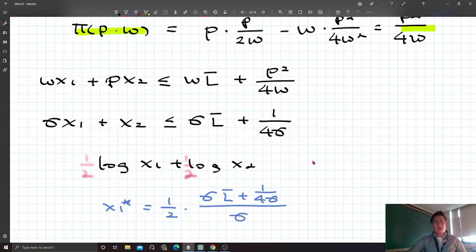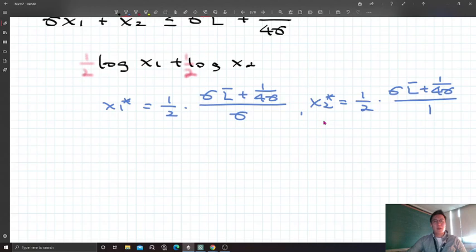And x2 star is 1/2 times sigma L bar plus 1 over 4 sigma, income divided by the price, which we normalized to 1.